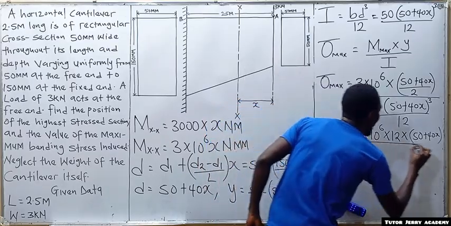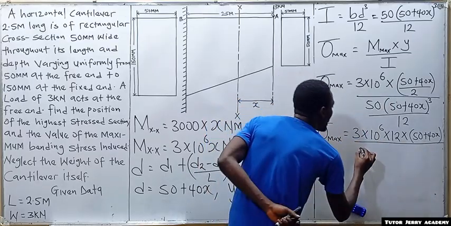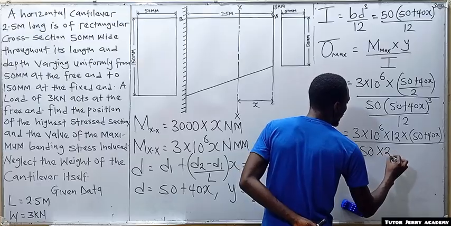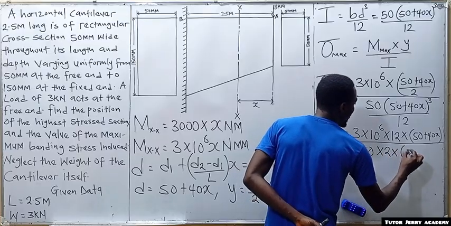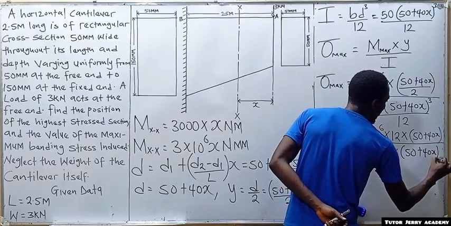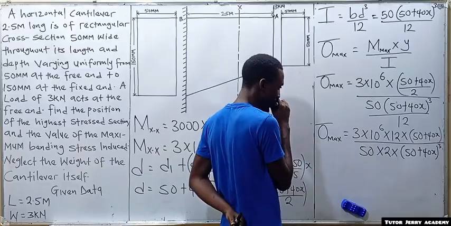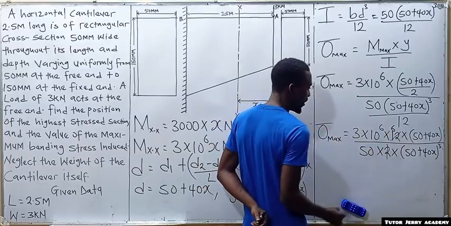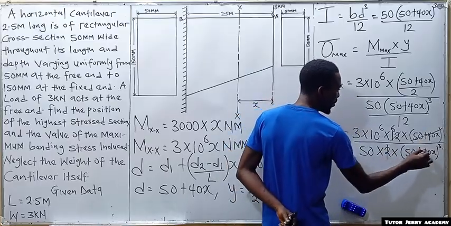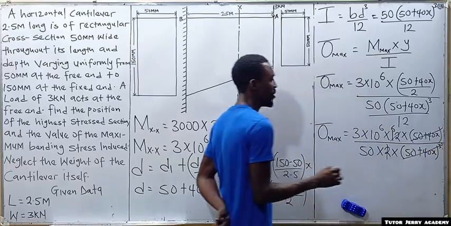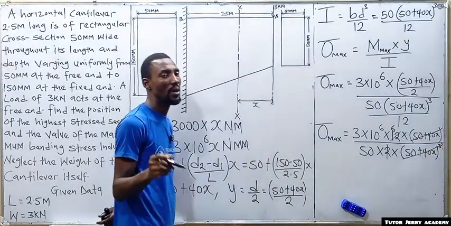So divided by 50 multiplied by 2 multiplied by 50 plus 40s all to the power of 3. All right. So 2 here, 1, 2 here is 6, and this will go in this, is going to leave us 2 here. All right. So that is what we are going to have.